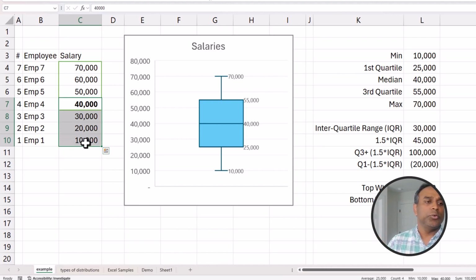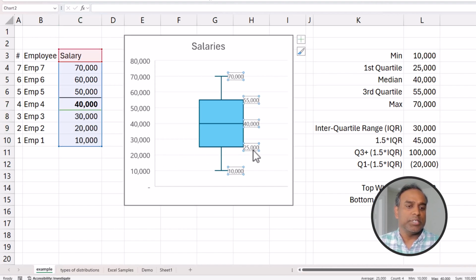Which is the middle value here? Because we have four values, it is in between the second and the third. So between 20,000 and 30,000 is the middle. So between 20 and 30, it's 25. That is how Excel arrives at 25,000 as the first quartile.